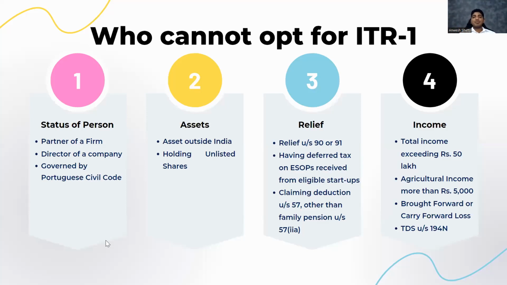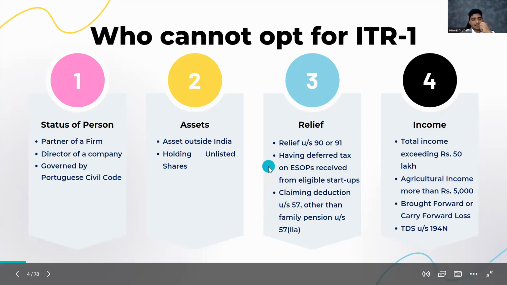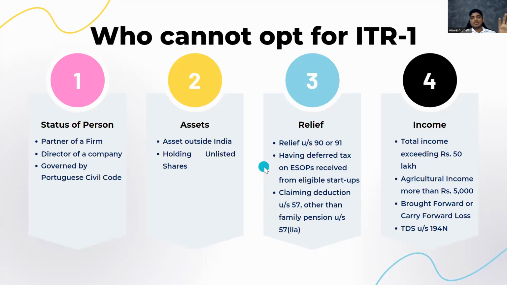Or if you are an employee of an eligible startup, then again, there is an option for you to pay immediate tax on the ESOPs, that is employee stock options, or you can defer it. If you have chosen to defer it, now this is an unlikely case for this audience, but again, you must be aware that if you're an employee of a startup and you have deferred payment of tax for the next 3 years, then you can't file ITR1.